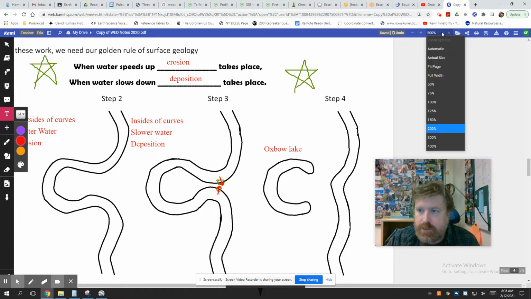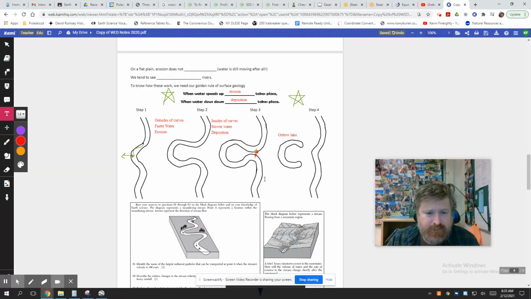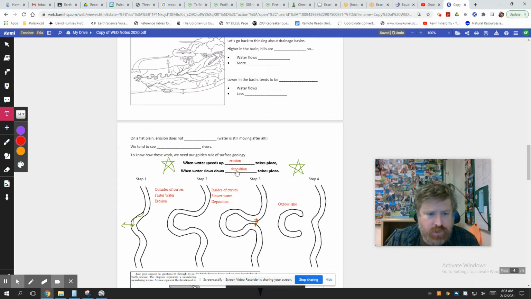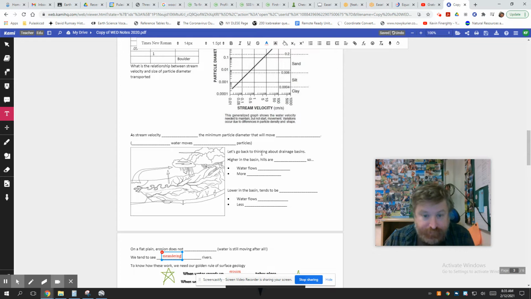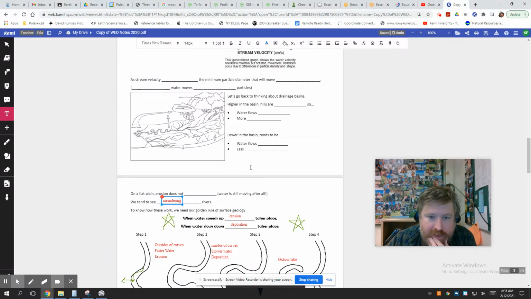All right. Floodplain, they're called meandering rivers. All right. Higher in drainage basins tends to be steeper.